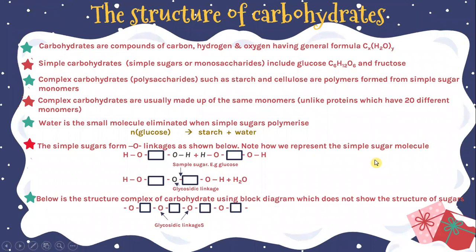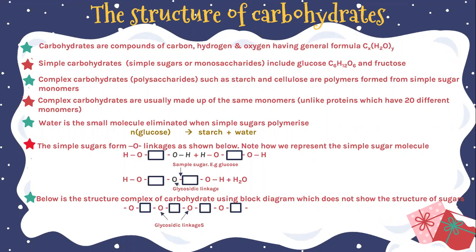Let's look into the structure of the carbohydrate. Carbohydrates are compounds of carbon, hydrogen, and oxygen, having general formula Cx(H2O)y. Simple carbohydrates like sugars or monosaccharides include glucose, C6H12O6, and fructose, and complex carbohydrates or polysaccharides such as starch and cellulose are polymers formed from simple sugar monomers.